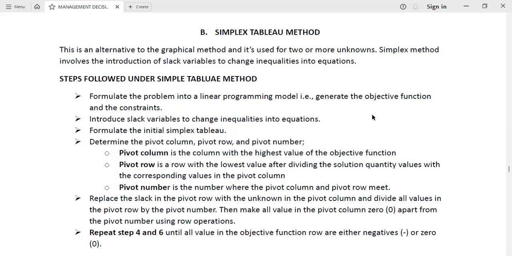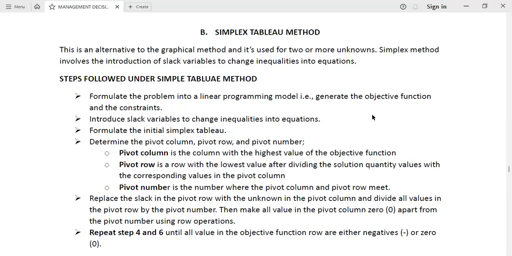One, we have to formulate the problem into a linear programming model. In other words, we have to generate the objective function and the constraints. Because we said in our first videos on linear programming that a linear programming model comprises the objective function, or what the organization is intending to achieve.